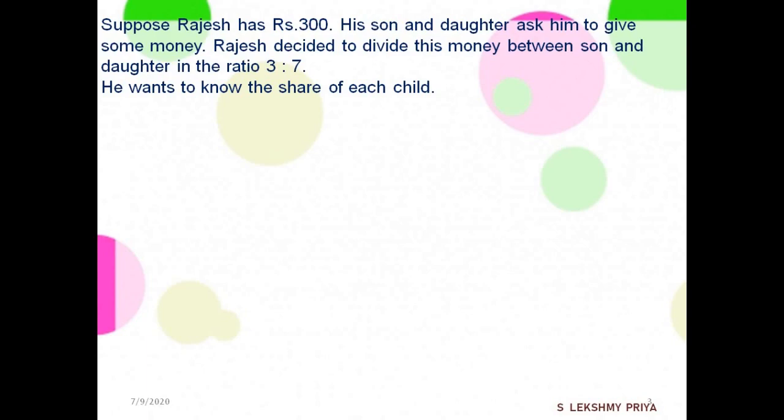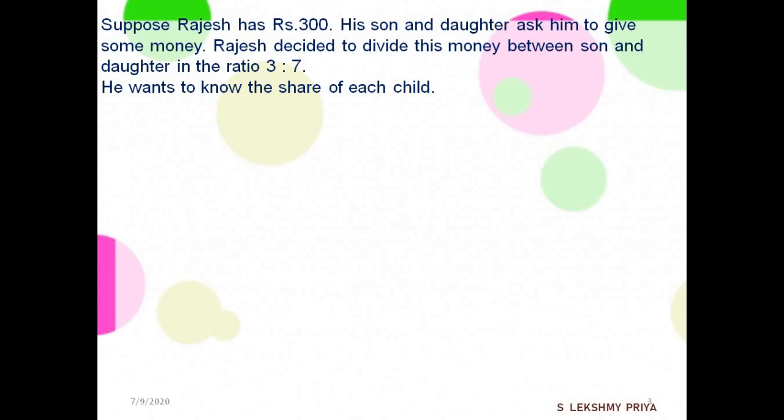So what do we need to find in this problem? When rupees 300 is divided in the ratio 3:7, how much did the son get and how much did the daughter get? That's what we need to find. Let's see how we can do this problem.